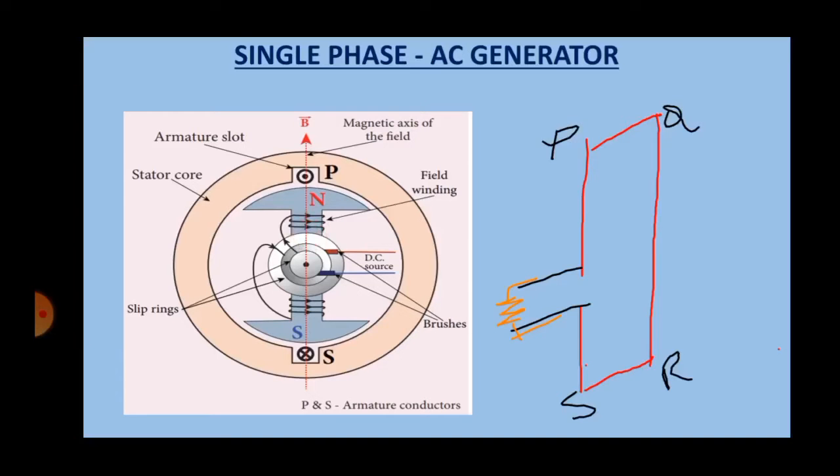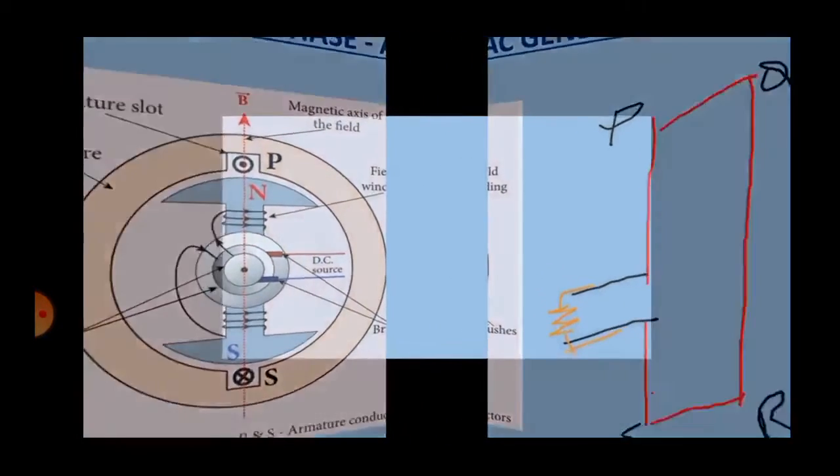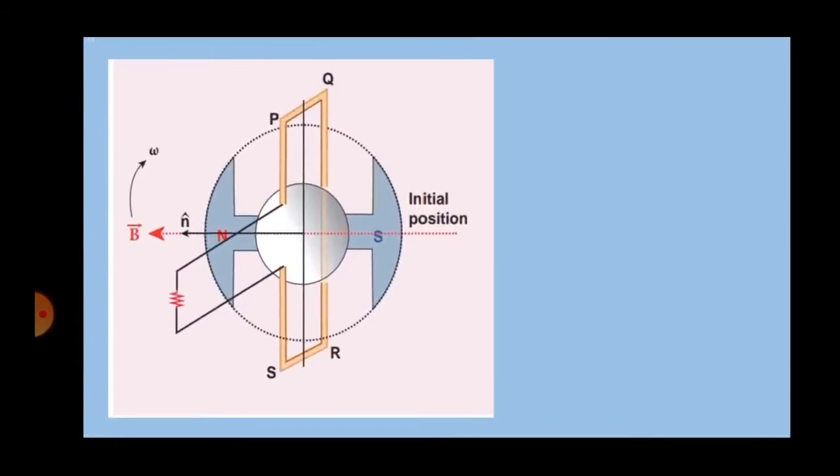Okay. Now, taking a rectangular loop, this rectangular loop is stationary and is perpendicular to the plane of the paper. When the field magnet winding is excited, a magnetic field is produced around it. This is the rotor.